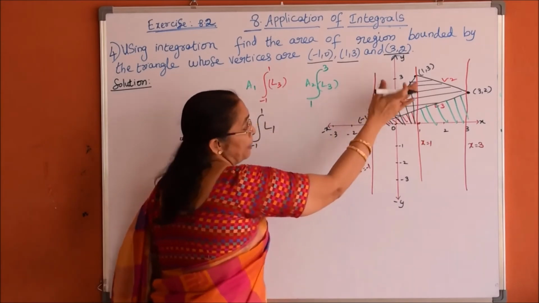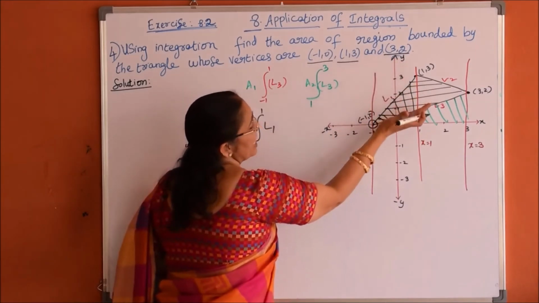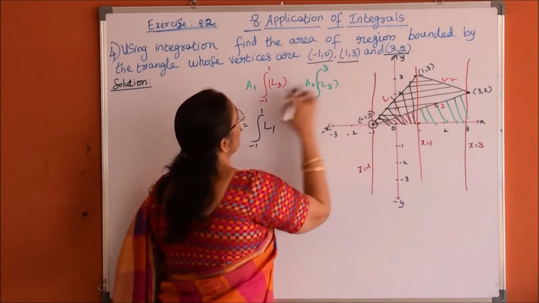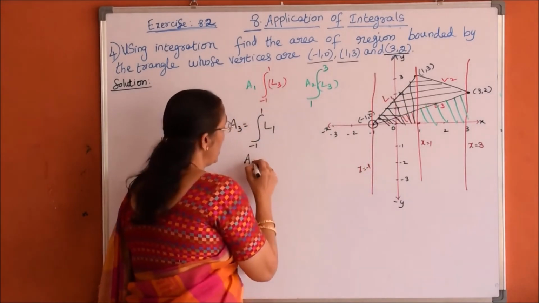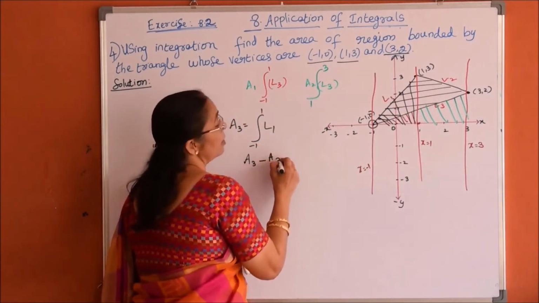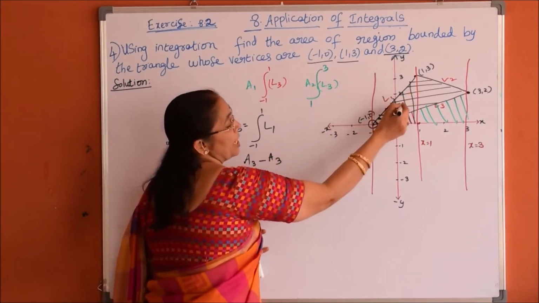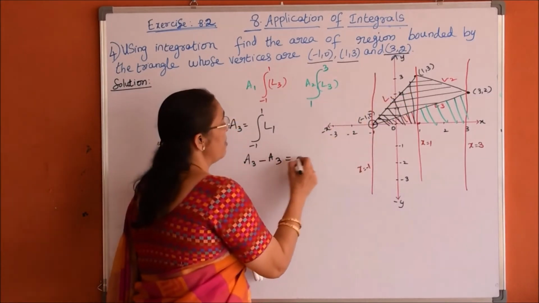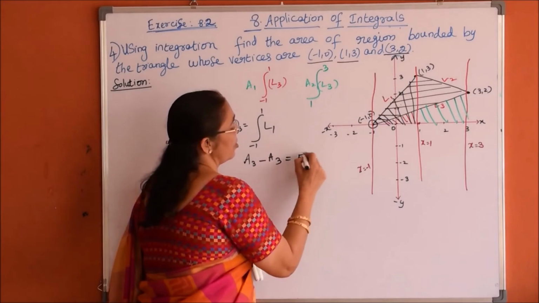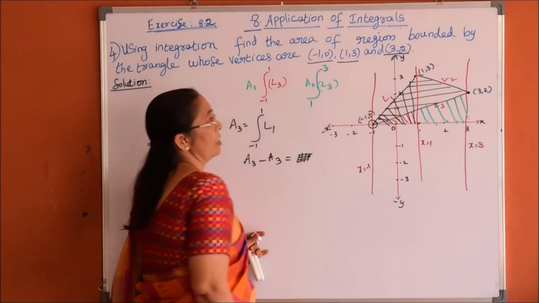So, when we subtract from L1 this area, that is L3, A3 minus A1 will give this particular area for us, right. A3 minus A1 is the area which is the cross of these two, this area.